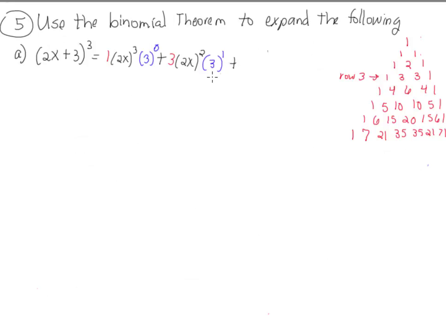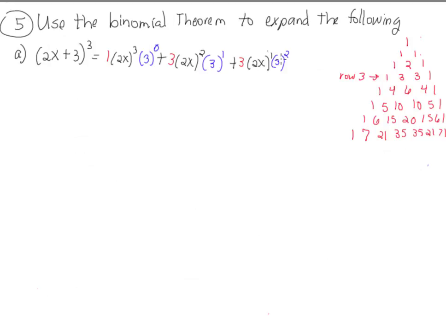To find the third term in our answer, we are going to look at the third number in row 3 of Pascal's triangle, which is a 3. Times it by our first term in the binomial of 2x, raised to the 1st degree, times the second term in our binomial, which is 3, raised to the 2nd degree.